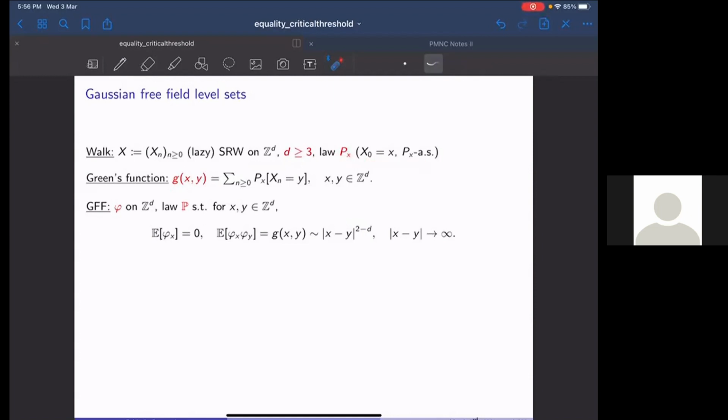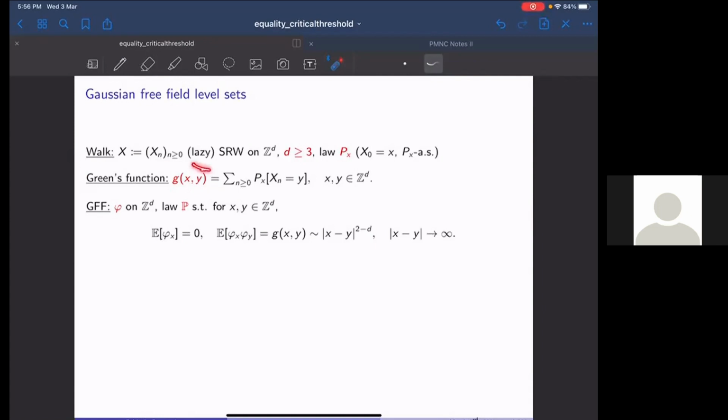Its Green's function, I already talked about that, but let me define it for the sake of completeness. For the simple random walk, g(x,y) is the expected number of times the random walk starting from x visits y.